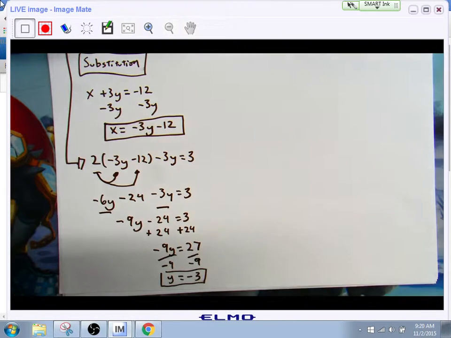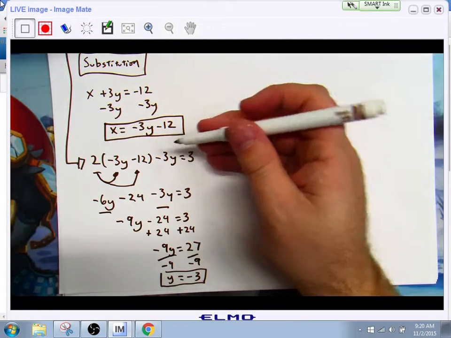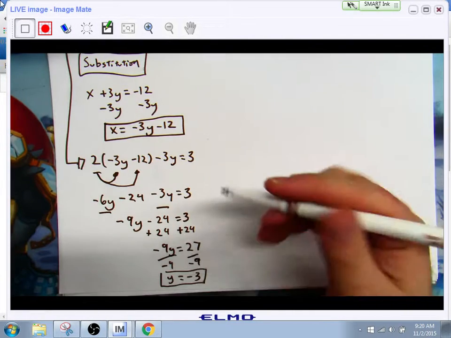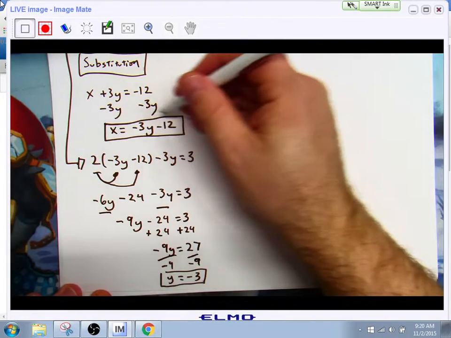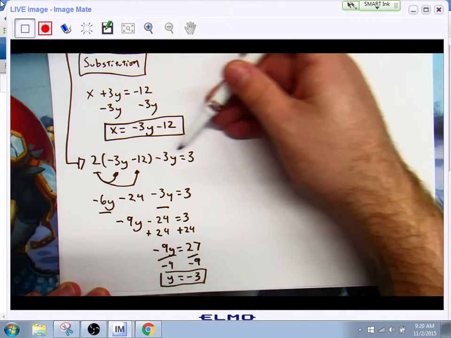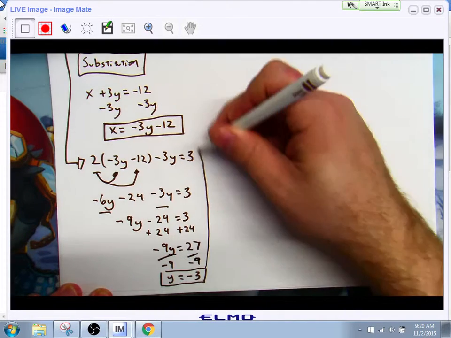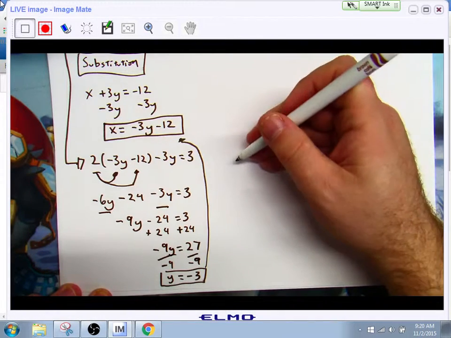All right. So now that I have y equals negative 3, I plug that into any equation. It could be the blue, could be the orange, could even be this brown. And then I'll get my x. Actually, I really like doing it into this brown equation here because you can see it's already set up x equals something, and we're looking for our x. Because look at what happens.